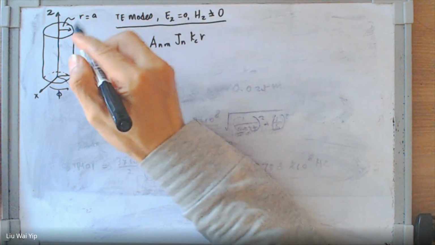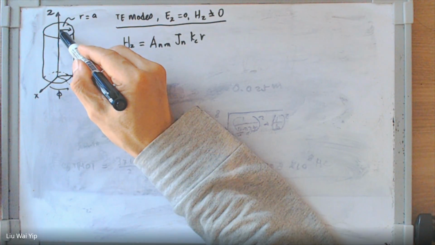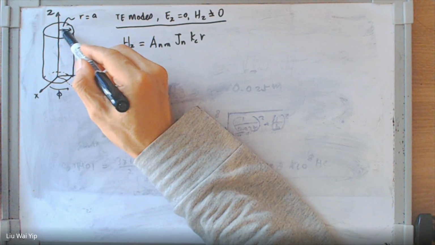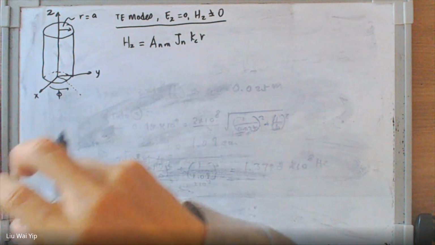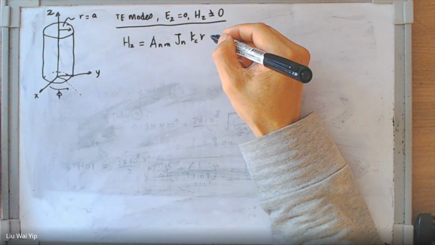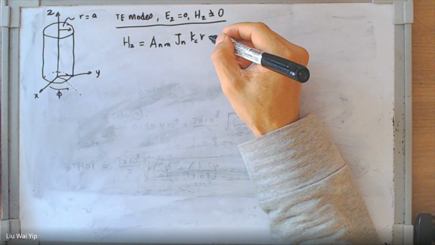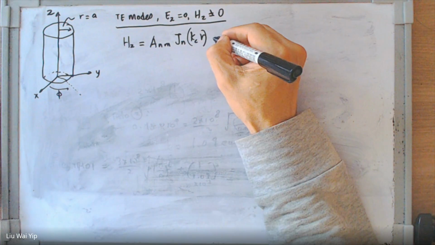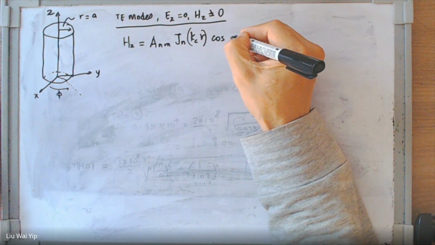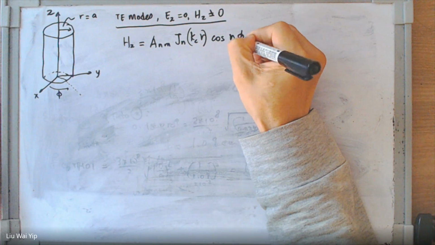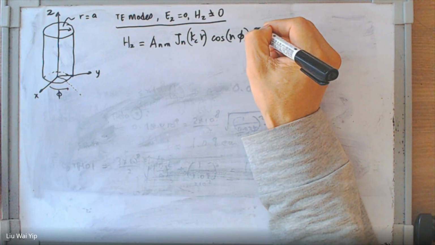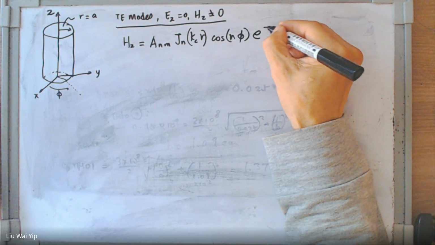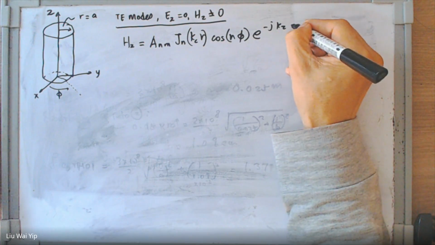This means the length between the center and any point on the exterior circumference of the waveguide. And then you will get cosine values, and then j kz z and then v.